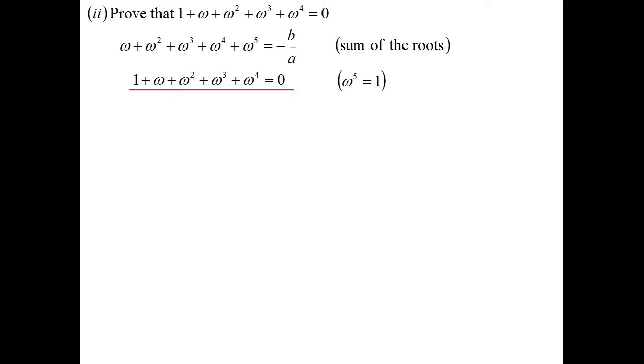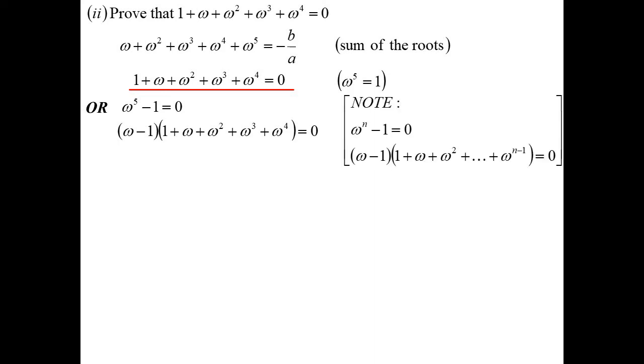Here's another way. We start with the actual equation itself. Well, we know how to factorise that. That's omega minus 1 outside of 1 plus omega plus omega squared plus omega cubed plus omega to the power of 4. Because remember, when you have the difference of two squares, cubes, quartics, whatever you like, it'll always be the first factor, omega minus 1, second factor, 1 plus omega going up to omega to the power of n minus 1.